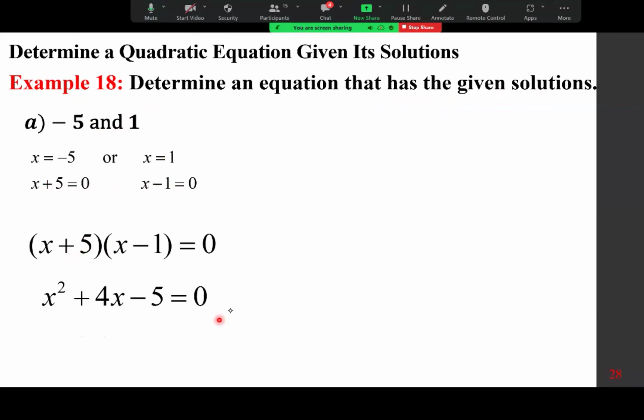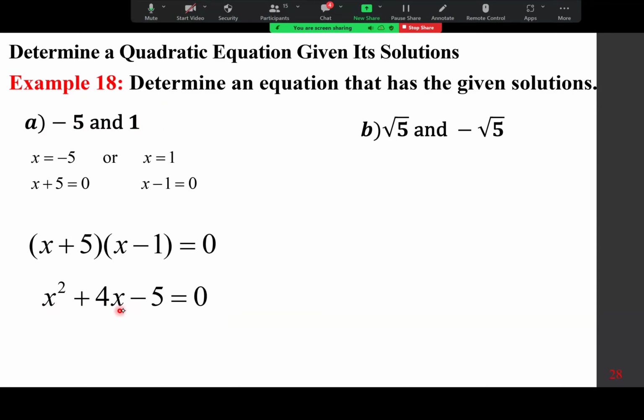If the question is find the function such that its x-intercepts are, that means minus 5, 0 and 1, 0, then you write this as f of x equals that. F of x equals x squared plus 4x minus 5. So they might ask it in this fashion.